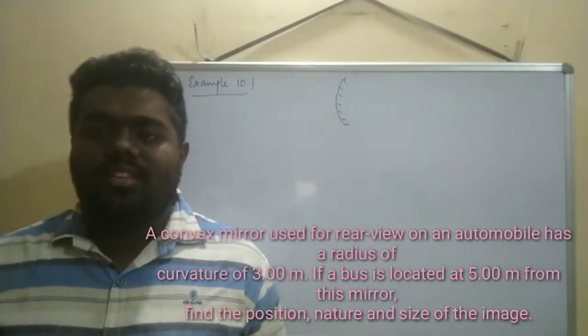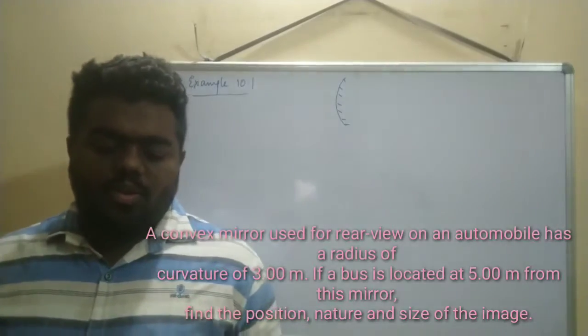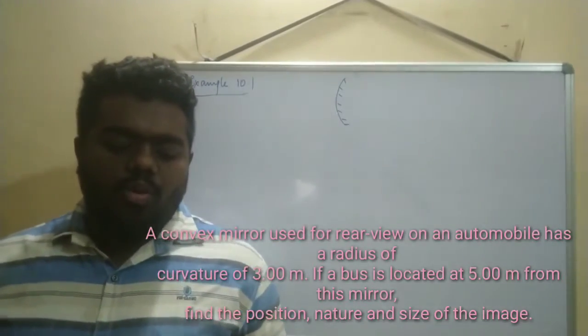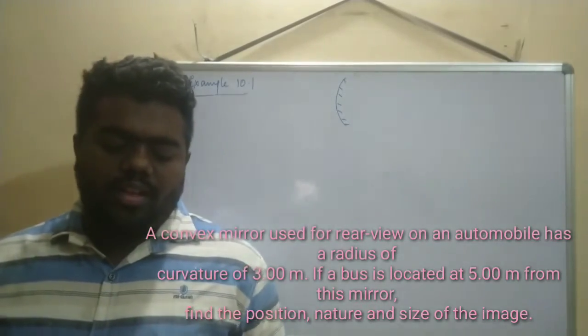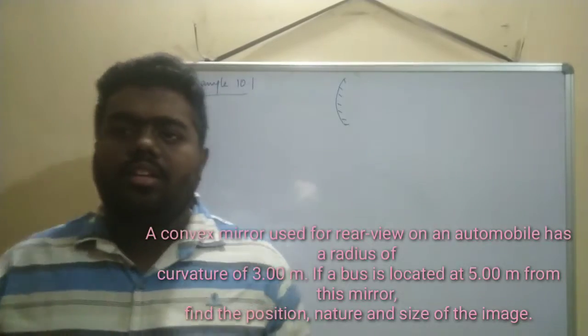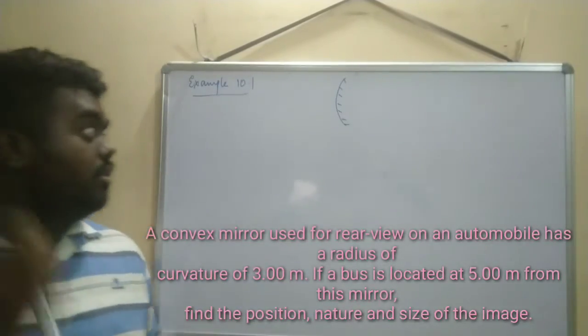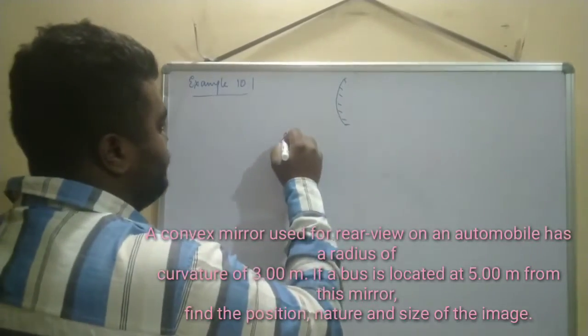Okay, fine. Now the question says a convex mirror used for rear view of an automobile has a radius of curvature 3 meter. Radius of curvature is given 3 meter.